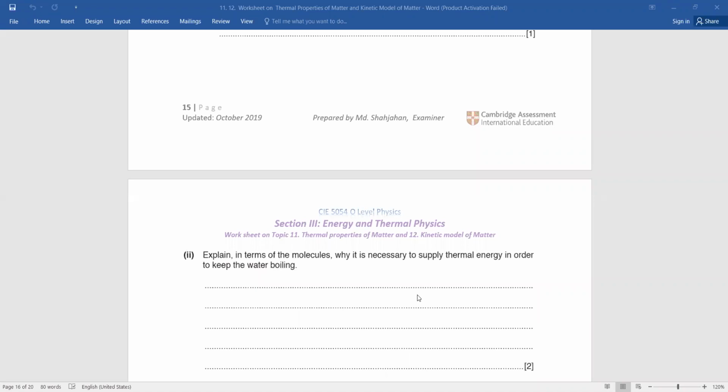And for that reason, we needed some thermal energy to get that work done. In a similar way, here we are going from liquid to gas, right? In terms of the molecules, why is it necessary to supply thermal energy in order to keep the water boiling? During the boiling process, we get from liquid to gas, right?